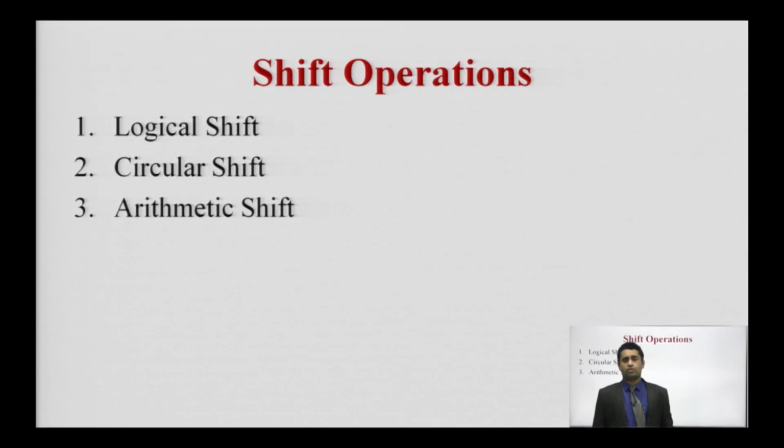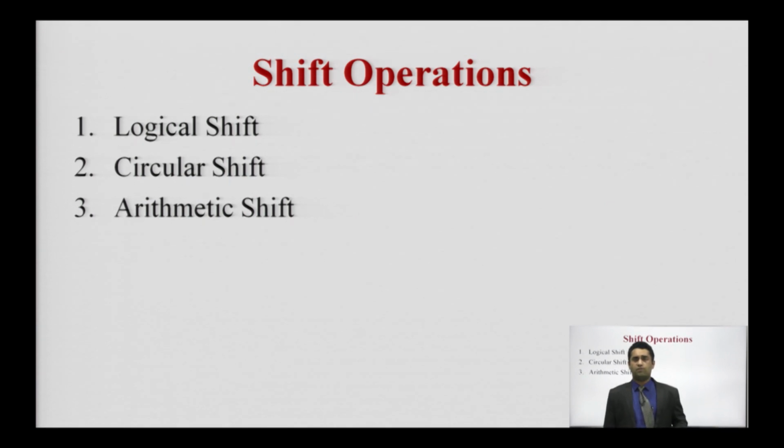When we talk about shift operations, we are talking about the shifting of the bits. In this case we have some numbers and we are going to shift them either to the right side or the left side. So these are the important ones, and we are using the shift operations in three categories. One is the logical shift, then circular shift, and then arithmetic shift.